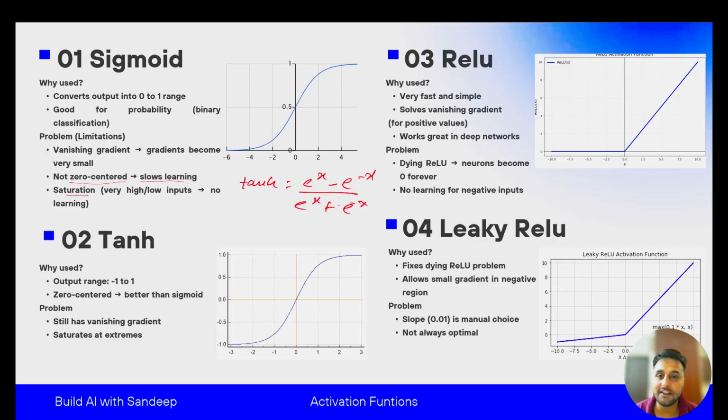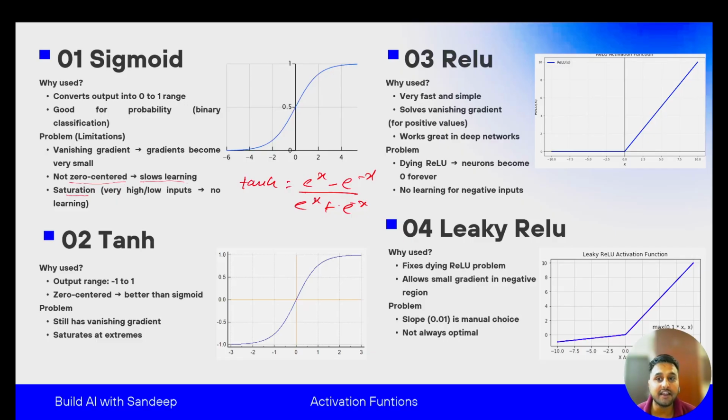Now let me explain the concept of zero centered. Sigmoid is not zero centered, so its output is always positive, whatever the input, it gives us a positive value. That means there is no negative value, there are no balanced updates.